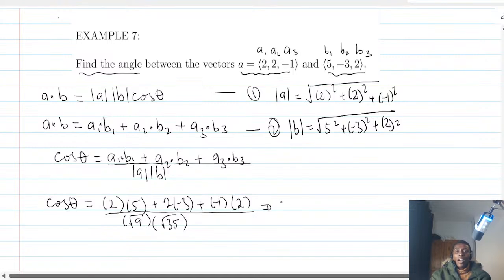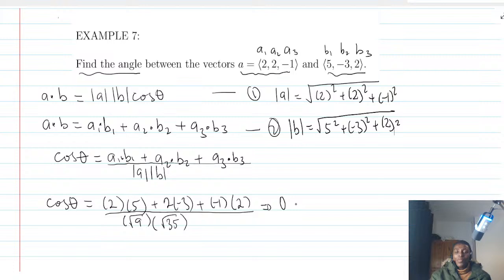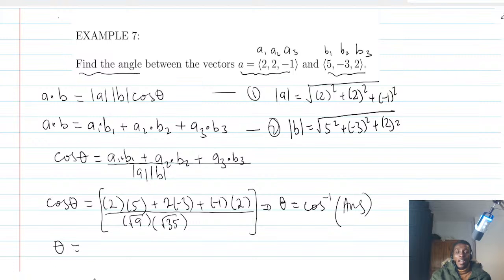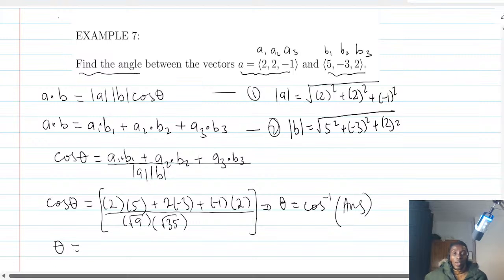Now if you want to find the angle theta, theta is going to be cosine inverse of whatever you are going to get. So first of all, compute this, and then cos inverse of the answer is the angle between the two vectors.